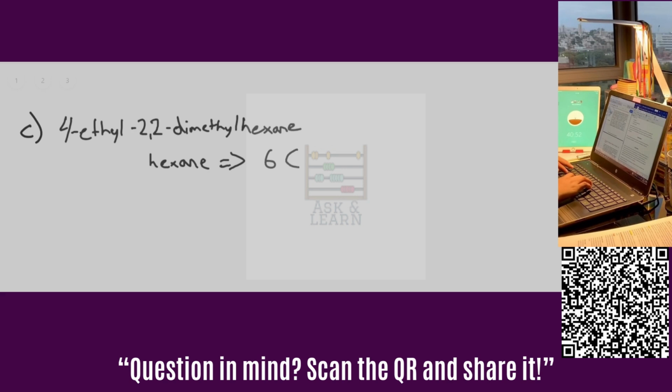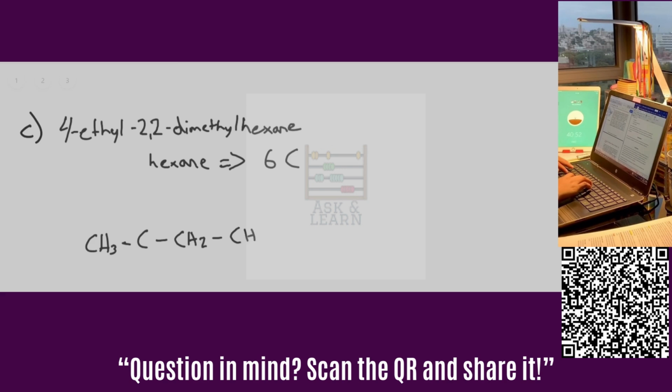And then we have 3 substituents, 1 ethyl group and 2 methyl groups. So the methyl groups are on the same carbon, the second carbon, and then the ethyl group is on the 4th carbon. So we can write our carbon skeleton, or the chain here, CH3.